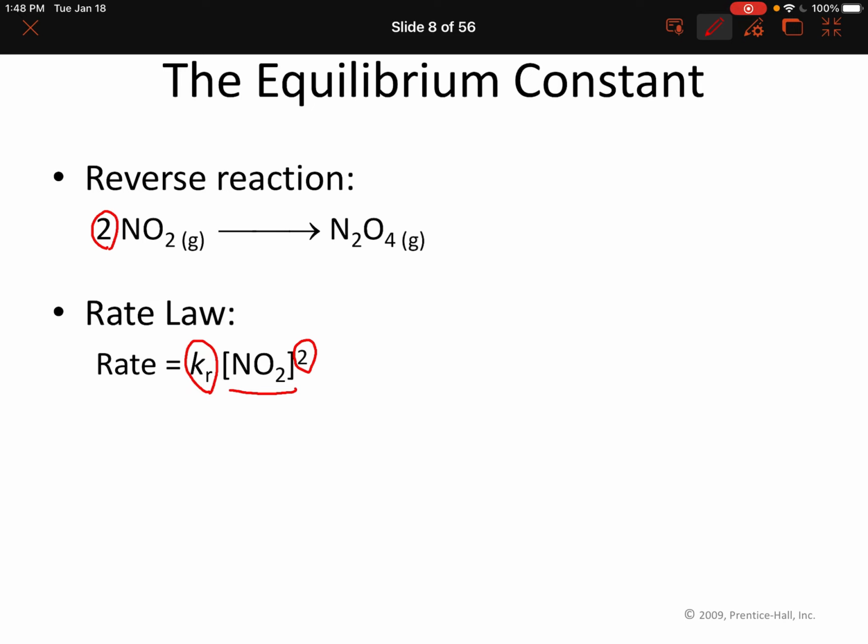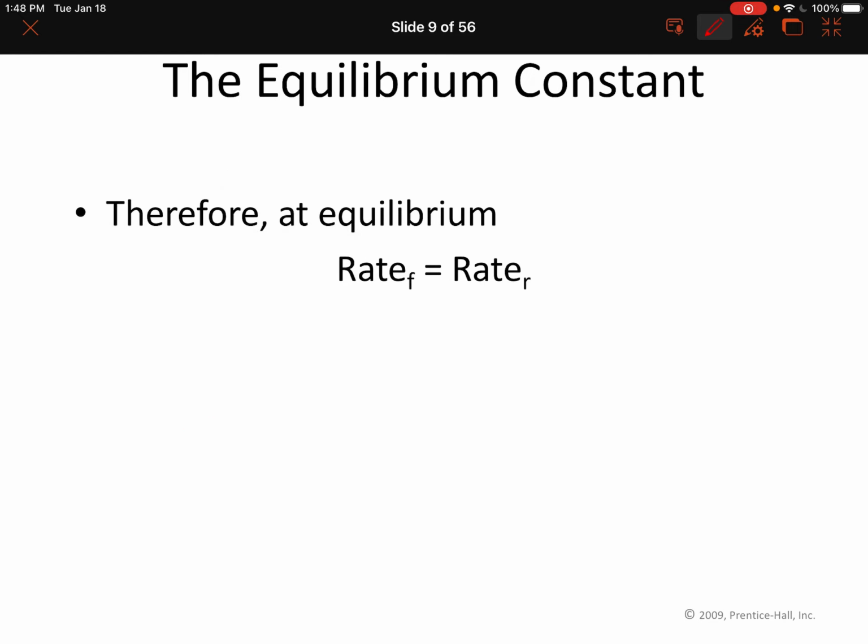And now I've got Kr, the rate constant for the reverse reaction. So Kf and Kr are not the same, right? They're describing two different processes, so there's no reason that they would be the same, and we define them as two separate rate constants.